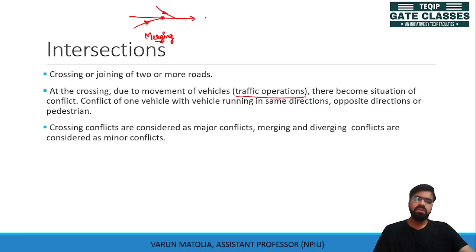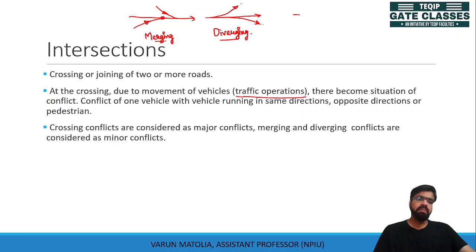Then we have this straight traffic. Some of the vehicles would like to move out from this traffic stream, either on the right or on the left, as the direction or movement is available. This is known as diverging, or diverging traffic operation.